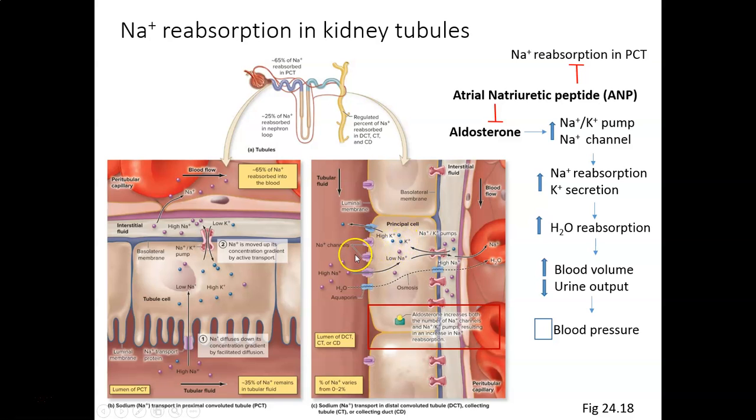They have sodium channels facing the lumen of the tubule, and then they have the sodium potassium pumps on the side facing the interstitial fluid. So it's still the same mechanism they used to reabsorb sodium in the PCT that they use to reabsorb it in the DCT.